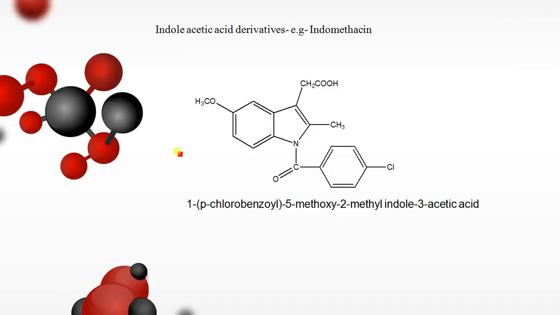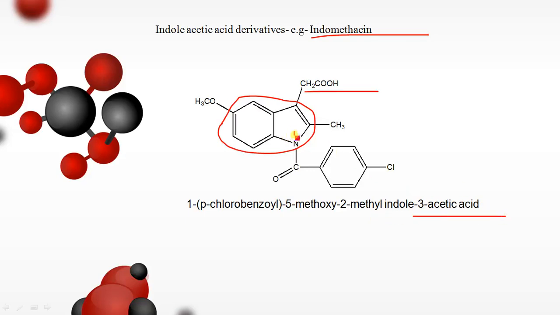Next is acetic acid. Acetic acids are divided into four classes. Indole acetic acid derivative means it contains indole as a basic nucleus with this acetic acid. First is indomethacin. Its IUPAC name is indole 3-acetic acid.